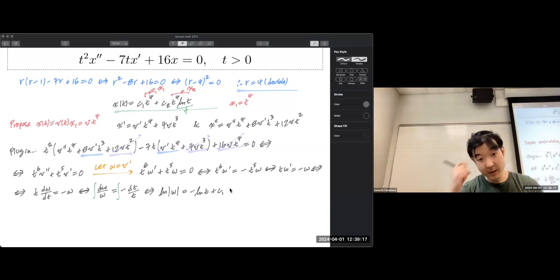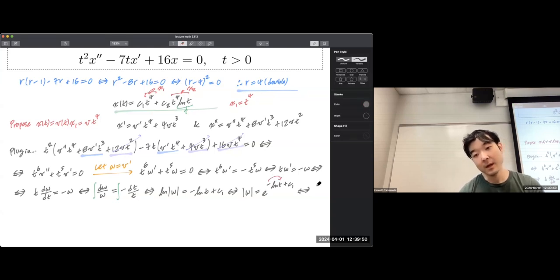So just exponentiate. If I exponentiate this, it's going to become absolute value of w is equal to e to the negative ln of t plus c1. Okay. And then what I'll do is a couple of things. I'm going to split this out as we usually do. I'm going to move the negative up here, so this negative could be put as an exponent on top of this ln.